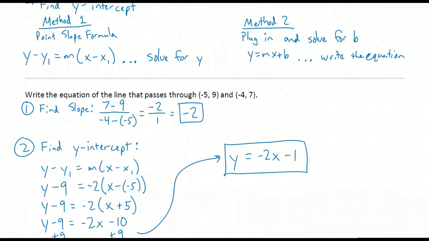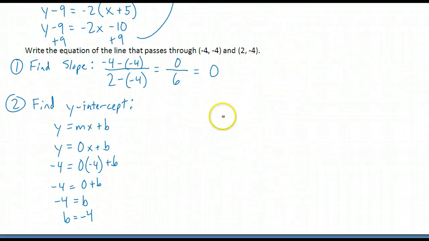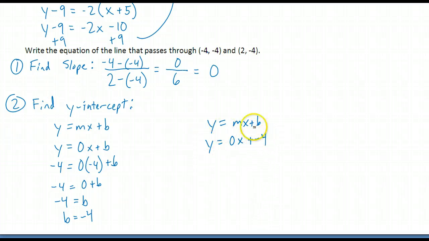So I figured out b. Now I need to write the equation of my line. Well, the equation of my line is going to be y equals mx plus b, slope-intercept form. I'm going to have y equals 0x plus negative 4. But I can simplify this. y equals 0 times x is 0.